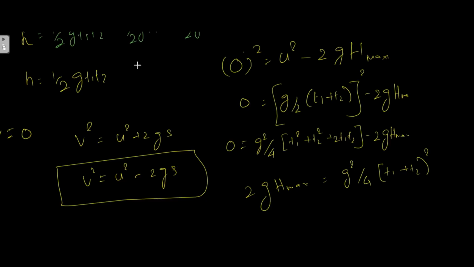Here g squared and g cancel, and then h max equal to g by 8 (t1 plus t2) the whole square. There is no need to expand t1 plus t2 whole square. So h max is equal to g upon 8 into (t1 plus t2) squared. Clearly we can understand that this is the maximum height reached by the body.